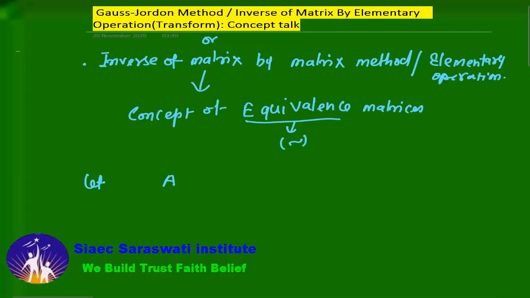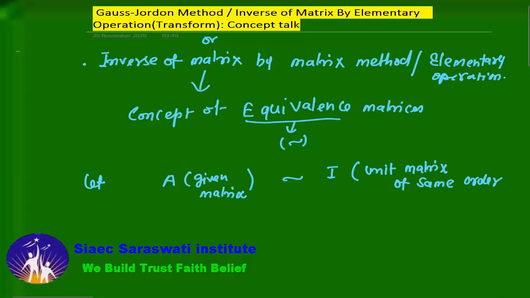The given matrix A is equivalent to the identity matrix, the unit matrix, of the same order as the given matrix.